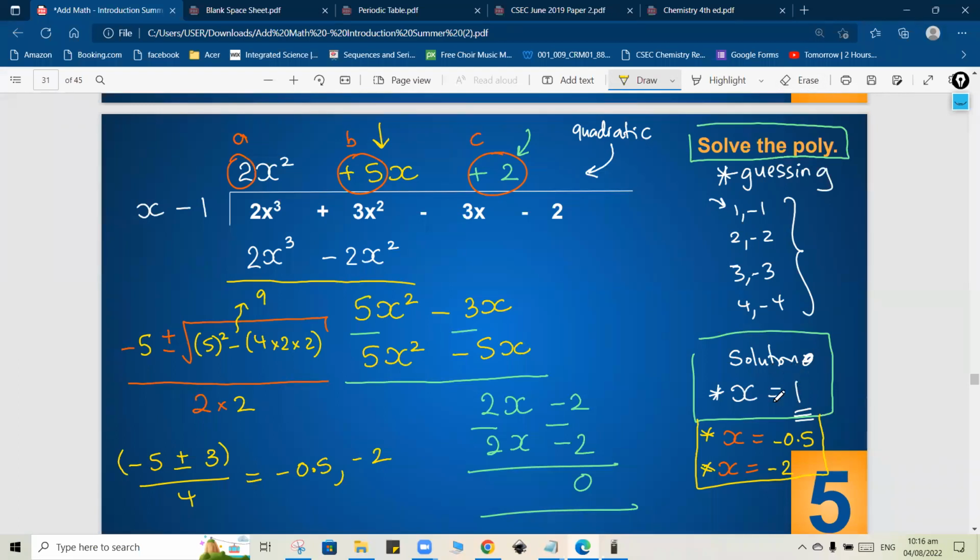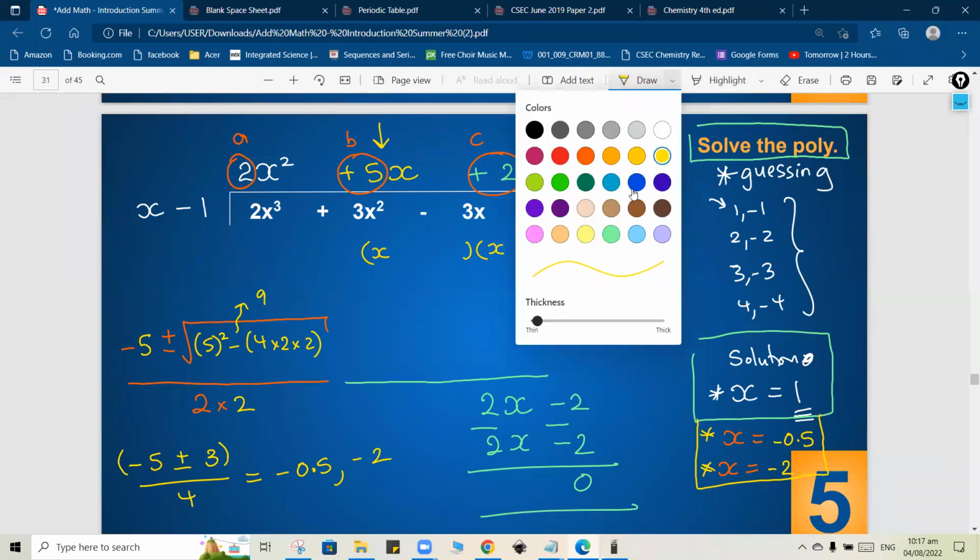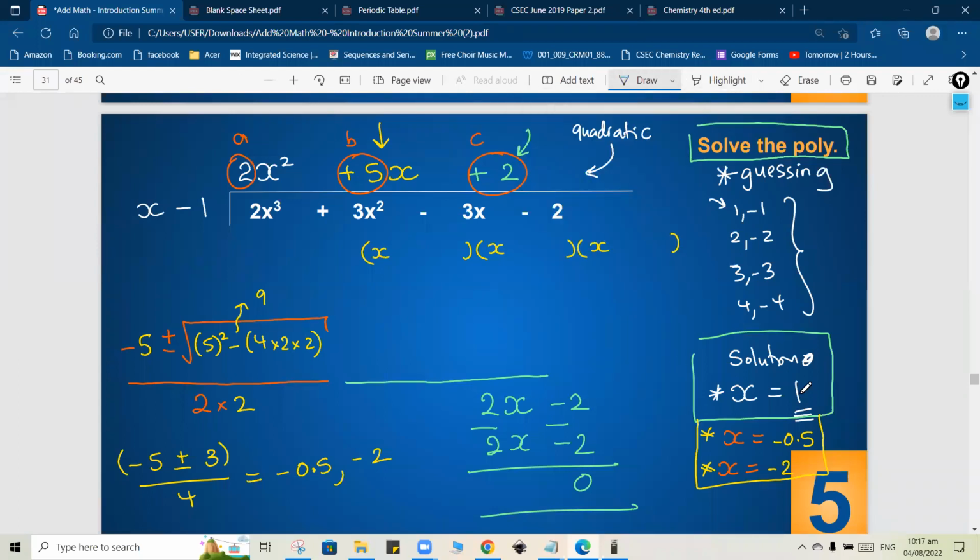To factorize it, you'll get 3 pairs of brackets, and there are slightly different ways you can lay out the factorization. Whenever you factorize a quadratic, you get 3 pairs of brackets like this. Put x in each one, and then in the brackets next to the x, you put the opposite of the solutions.